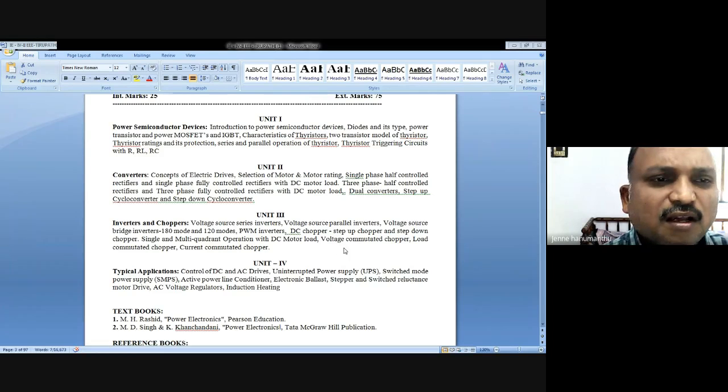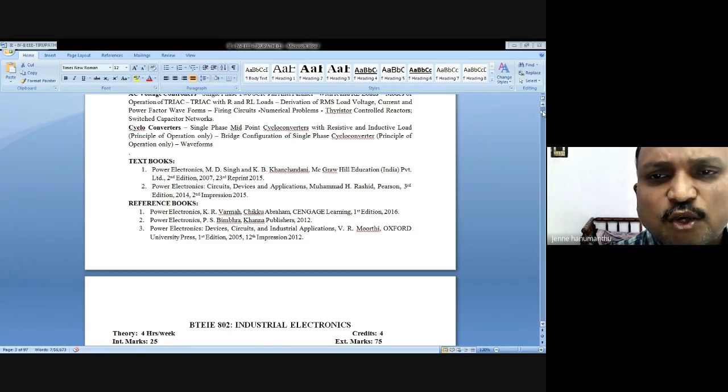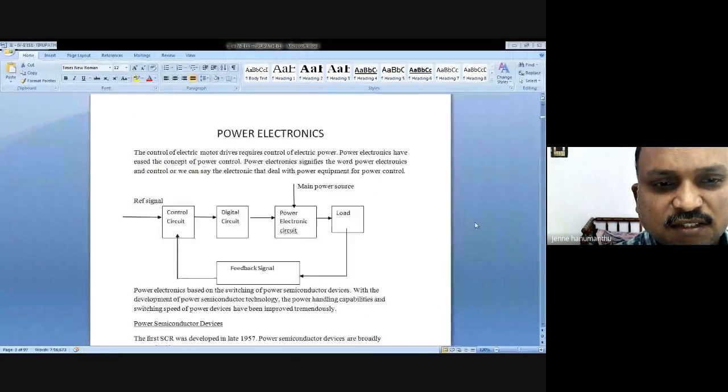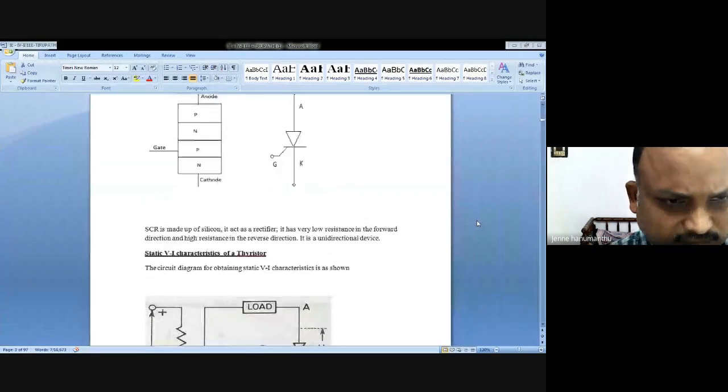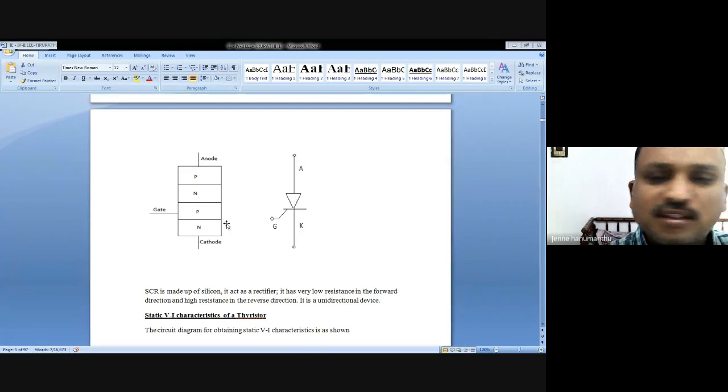Okay? And today we will see what is series and parallel operation of a thyristor. See, you know what is a thyristor, right? A thyristor is a three junction, J1, J2, J3, four layer PNPN, and three terminal device: anode, cathode, and gate.